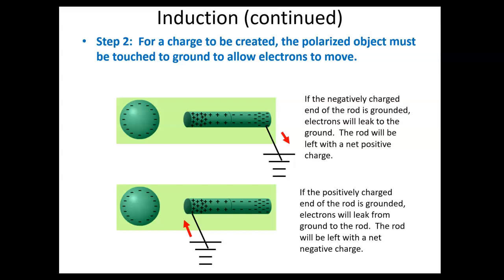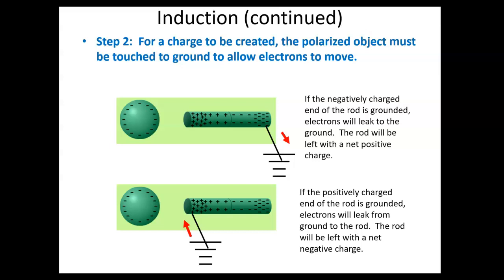Notice that you had to ground the rod while it was polarized. So this has to be done while the sphere is close to the rod, because that sphere being close to the rod is what caused the polarization in the rod.